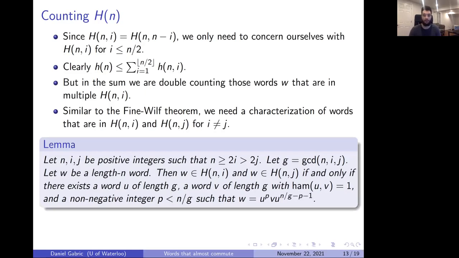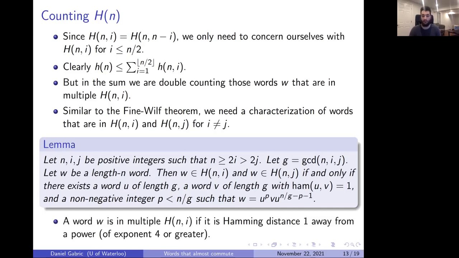Then w is in H_{n,i} and H_{n,j} if and only if there exists a length g word u, a length g word v, such that the Hamming distance between u and v is 1, and a non-negative integer p less than n over g, such that w is equal to u^p v u^{n/g-p-1}.